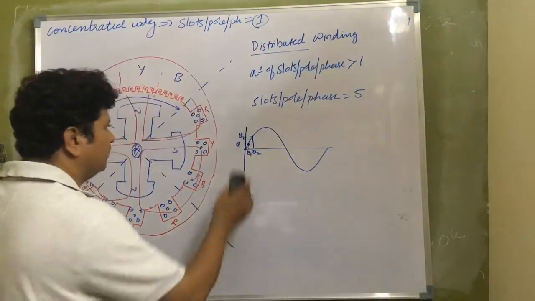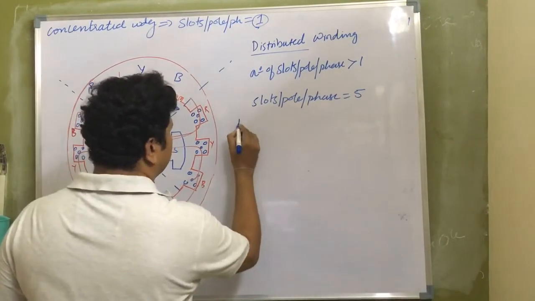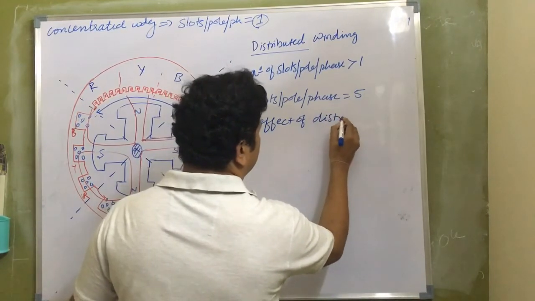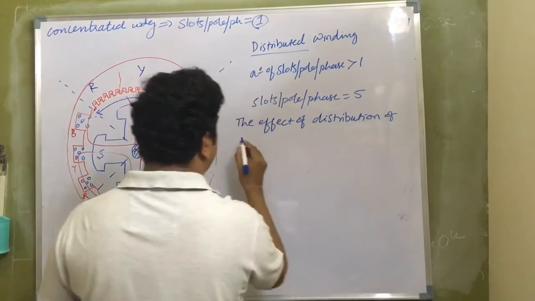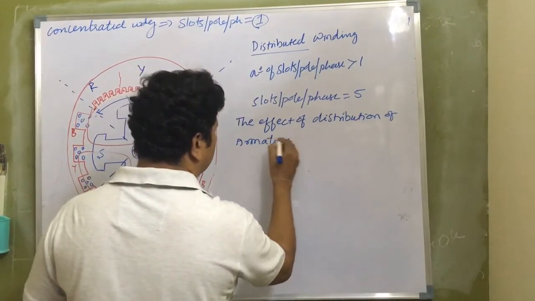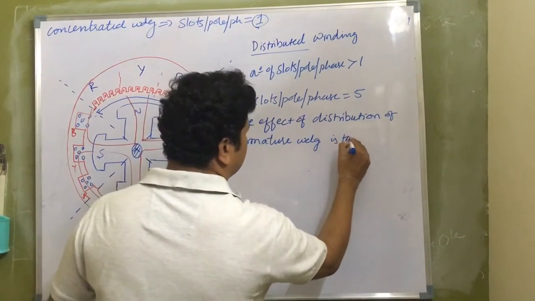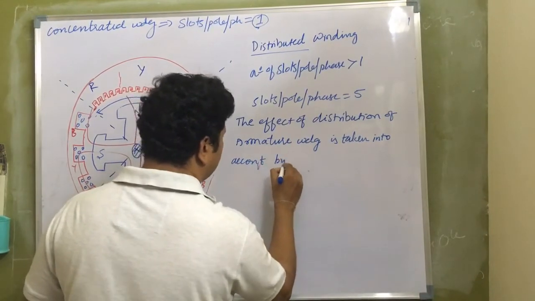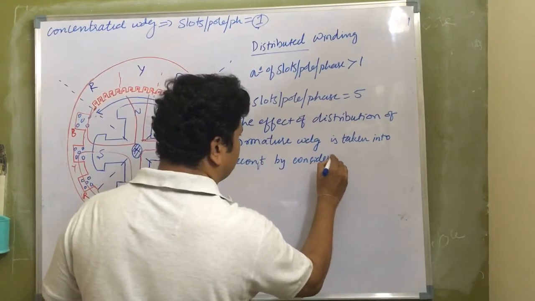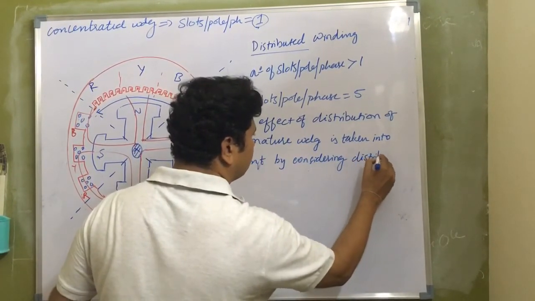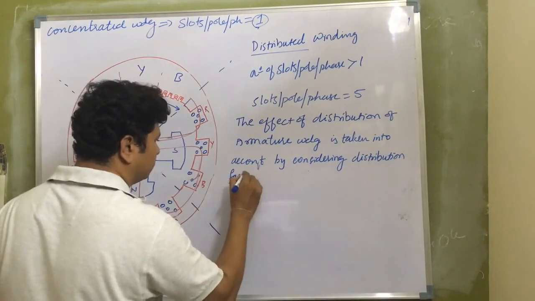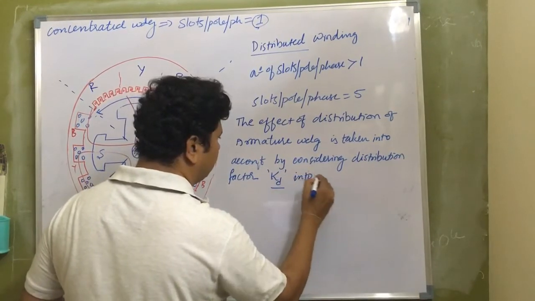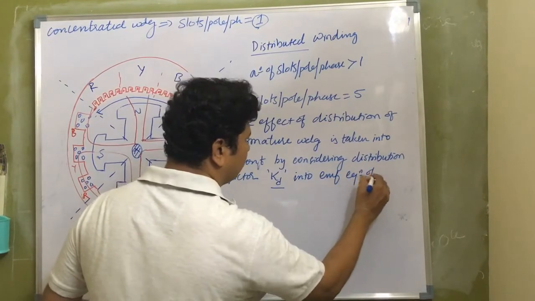So the effect of distribution of armature winding is taken into account by considering the distribution factor KD into the EMF equation of generator.